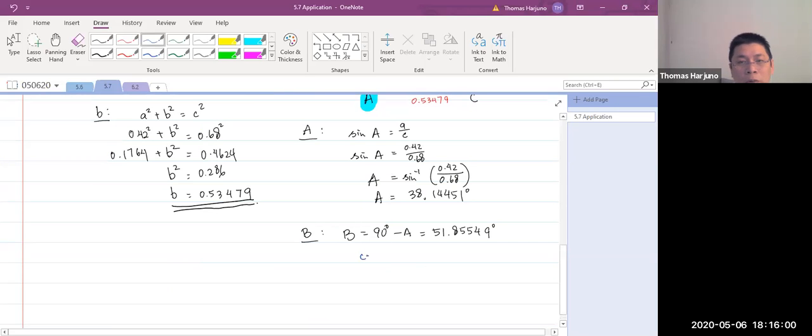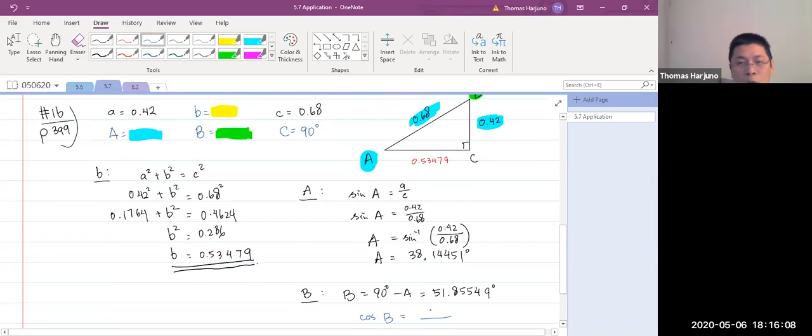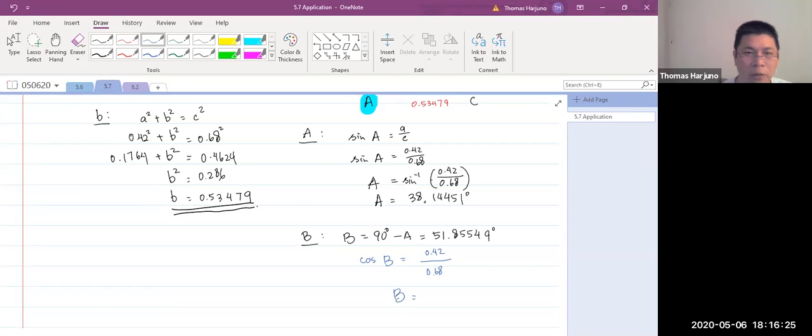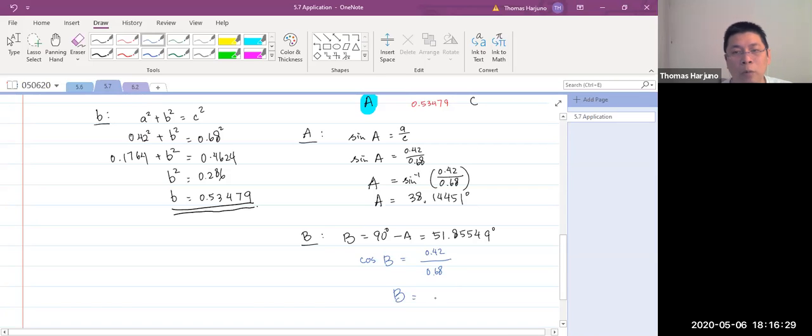So cosine B is 0.42 over 0.68. That way, I don't use angle A, which implicitly contains rounding error. But adding and subtracting angles usually has nearly zero compounded rounding.